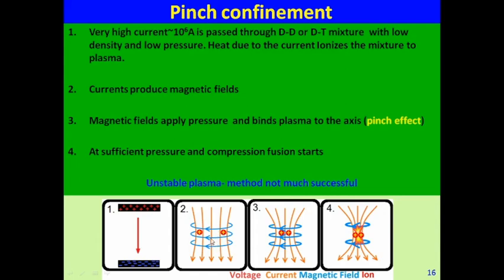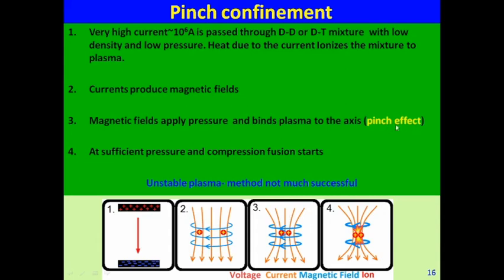You know, the cyclotron motion and all. So wherever a magnetic field is formed, these charged particles will produce some sort of cyclotron motion around the magnetic field lines. When the intensity of the current is increased, the magnetic field is also increased, and those particles will have pressure applied. Magnetic fields apply pressure and bind the plasma to the axis.